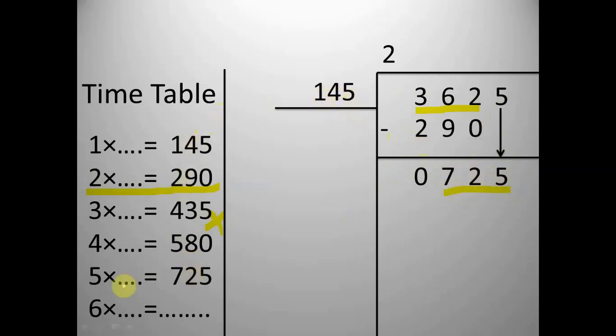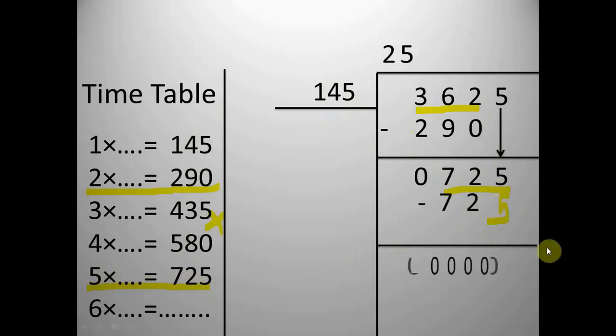Search for this number. Yes, we find it. 5, write it up, and 725, write it under the dividend. And subtract, we have zeros.